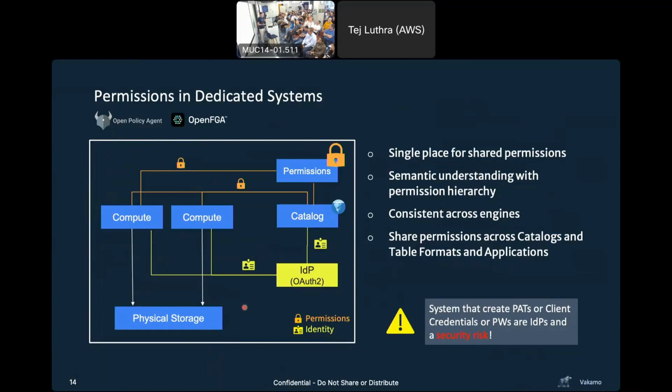It doesn't come from your IDP typically. So I put that down here. Every system that creates a personal access token, client credentials, or passwords that is not your identity provider is another identity provider in your system and a security risk. Throw it out. So generate credentials in your IDP and nowhere else.